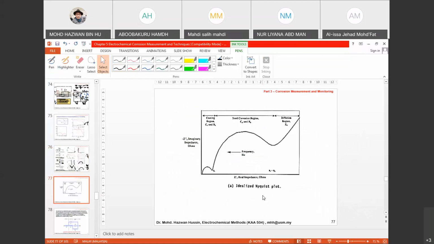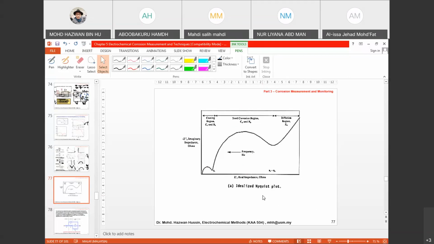As I said, this part of the activity we can do. You take a piece of paper and draw the equivalent circuit that you think will be suitable for this one, probably within 5 minutes. Then snap it and send it to the WhatsApp group, and after that we can look.